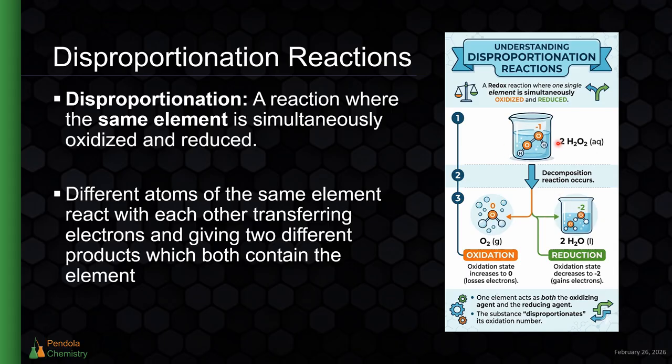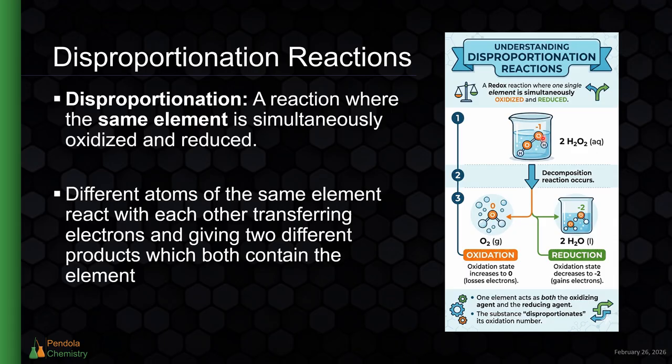And some of the oxygens in the peroxide will get oxidized into O2, or oxygen gas. The oxygen gas will have a 0 oxidation number, and so they increase in oxidation number, losing electrons. So here, both the oxidizing and reducing agent is oxygen.